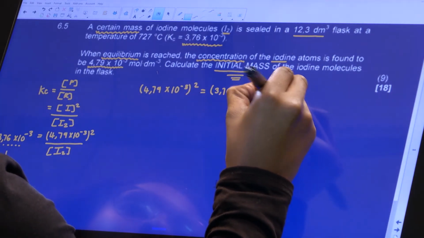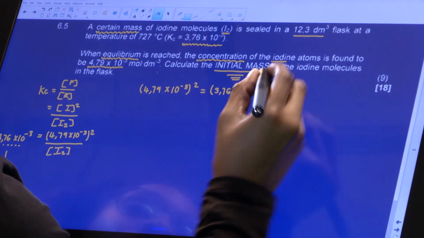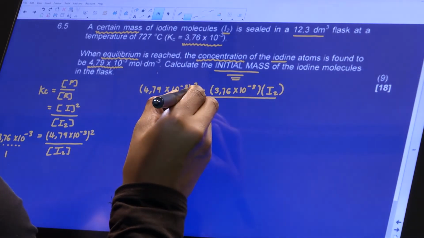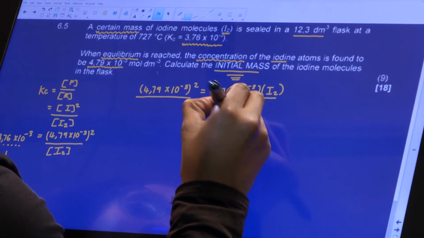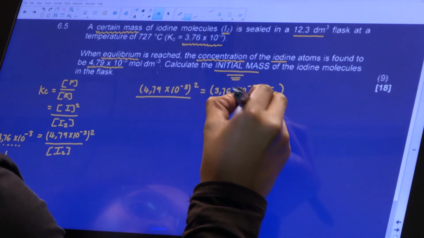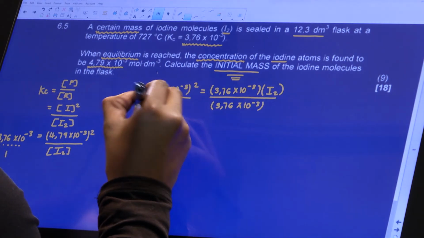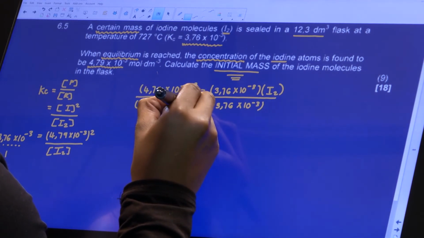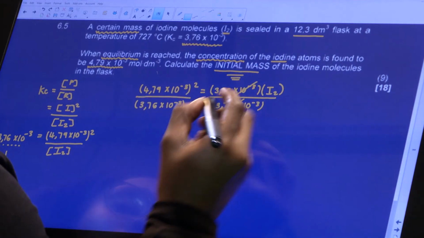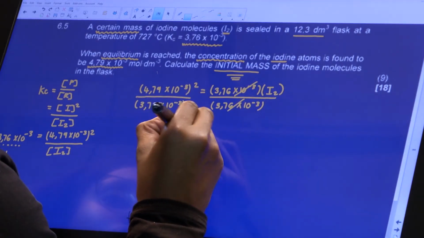I'm looking for I2 by itself, so I'm going to divide both sides by what's bothering the I2, which is 3.76 times 10 to the negative 3. What you do on the one side, you have to do on the other side. This side and this side will cancel, leaving me with my I2.